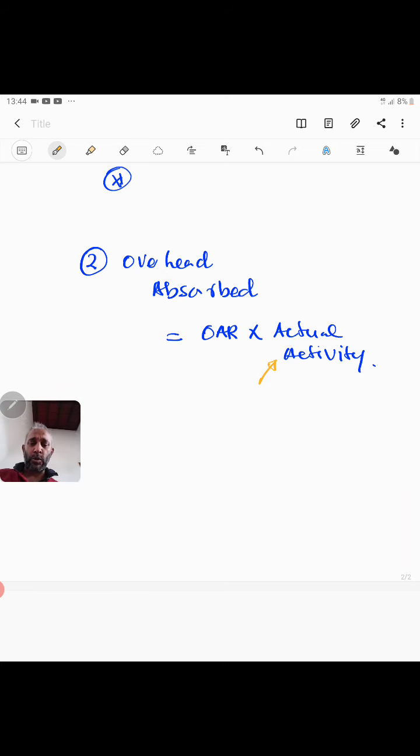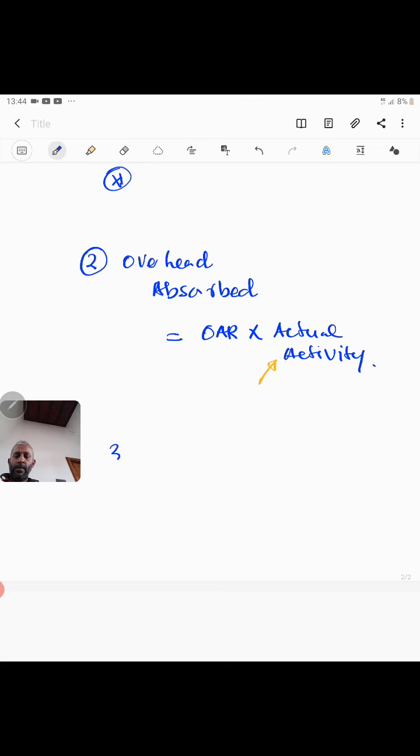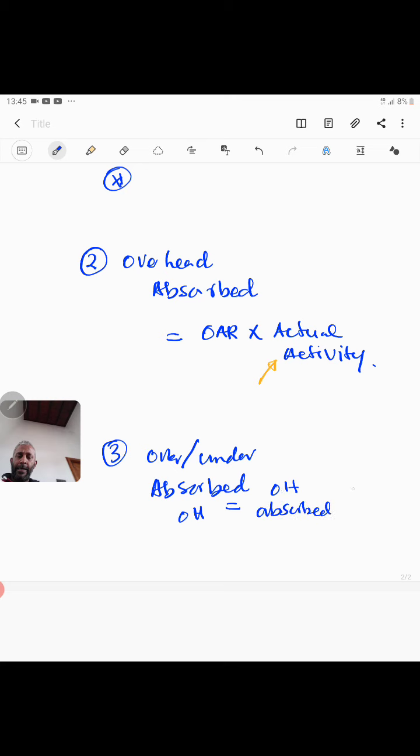So you multiply these two and then you will arrive at the overhead absorbed. Once that is done, the third step will be to calculate over or under absorbed overheads, which is overhead absorbed minus overhead incurred. These are the three steps.